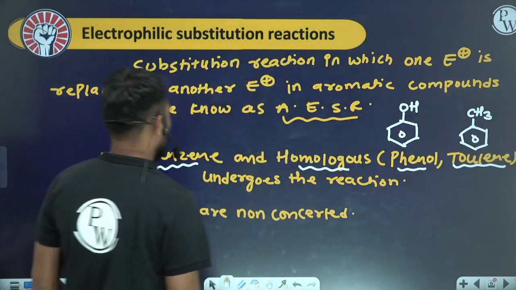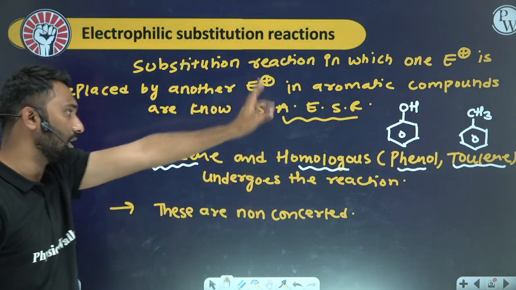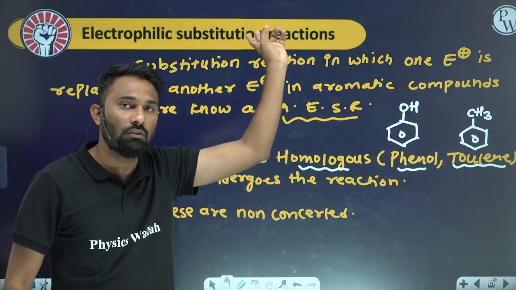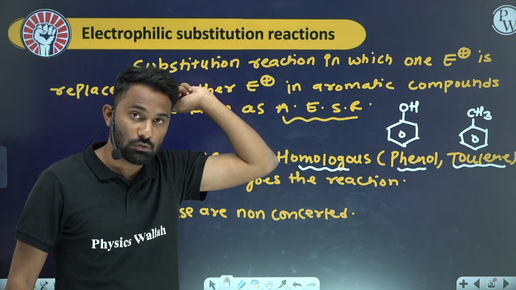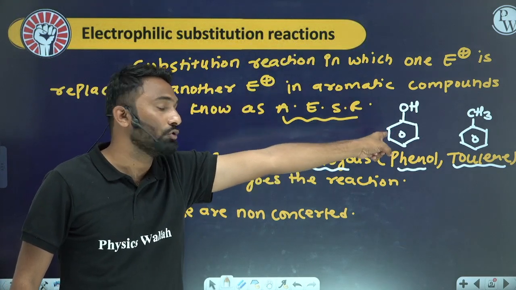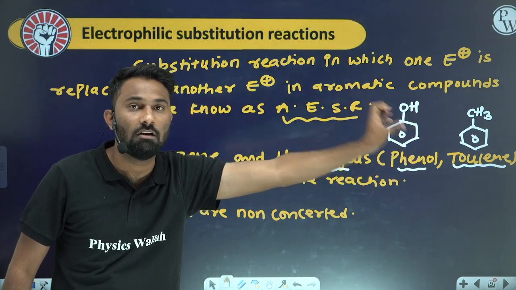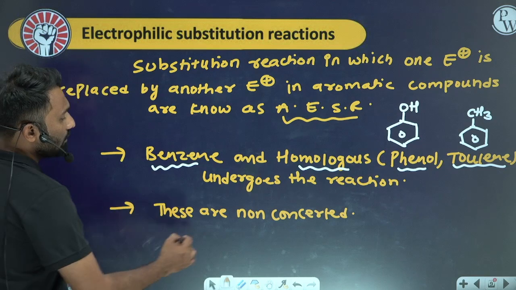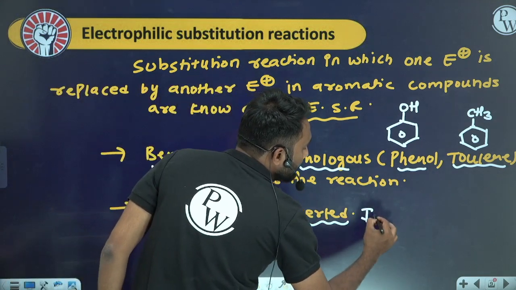Clear? To show aromatic electrophilic substitution reaction there should be an aromatic ring. This is a non-concerted reaction, meaning an intermediate is present.